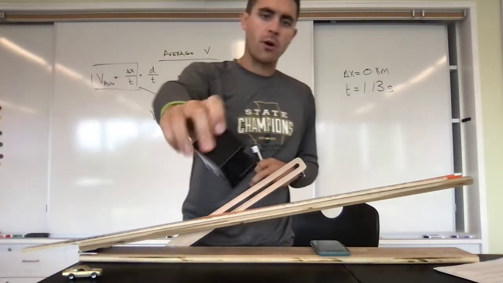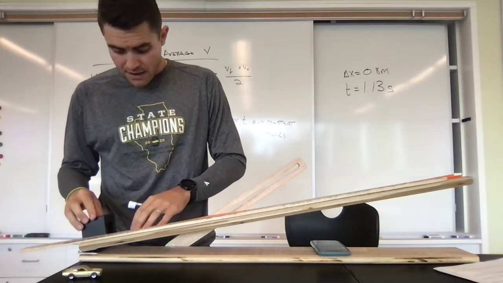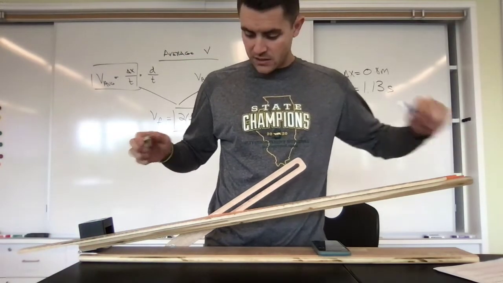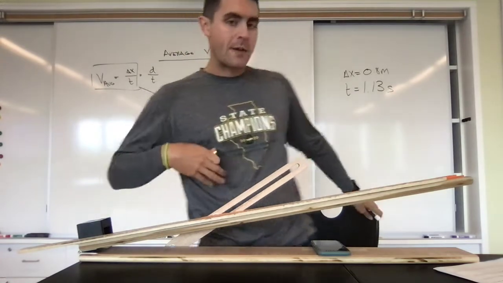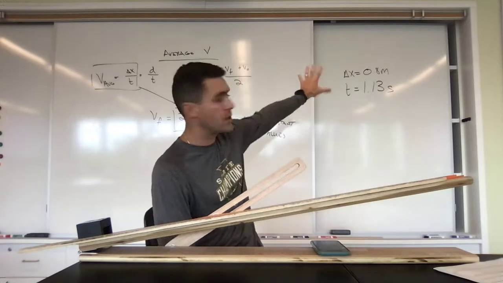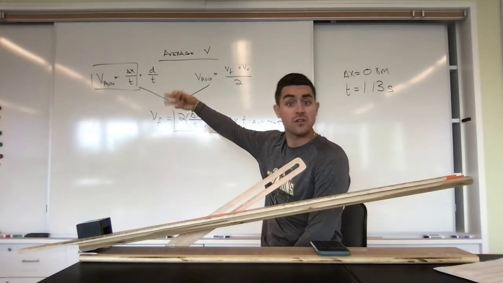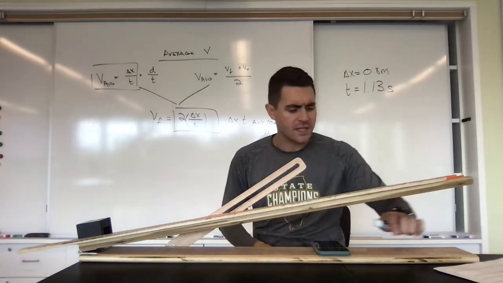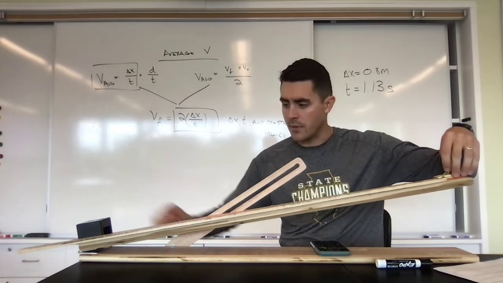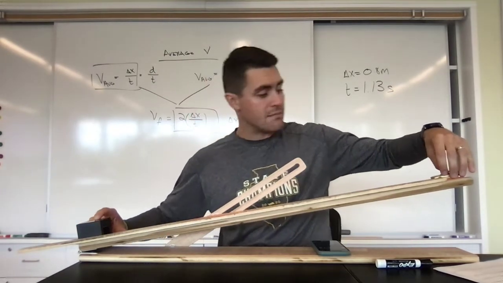Now, in the second part, I want you to use your photo gate to go ahead and actually measure the speed of the car or the velocity of the car at the bottom of the ramp. This is the final velocity that I am measuring. I can go ahead and use my delta x in time, plug it into my average velocity equation to find average velocity. I want to see how that compares to my final velocity. So again, dropping it down the track, the 0.8 meters, I'm measuring in meters per second.